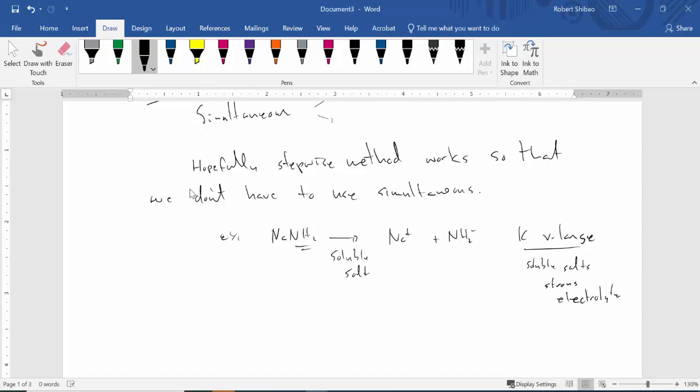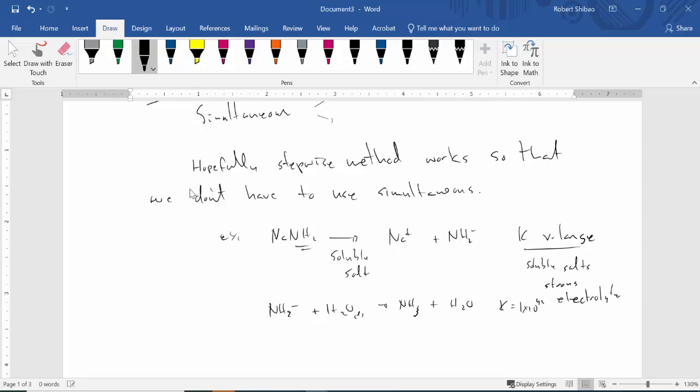And then we have amide here. Amide is a strong base. And we end up with ammonia and water. And we know that K is like 1 times 10 to the 42.